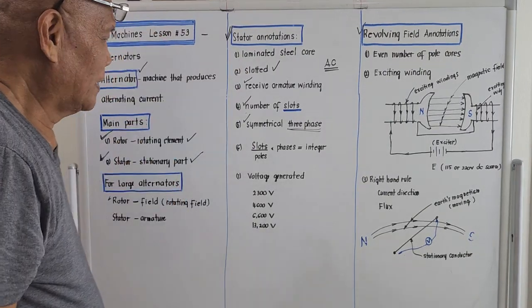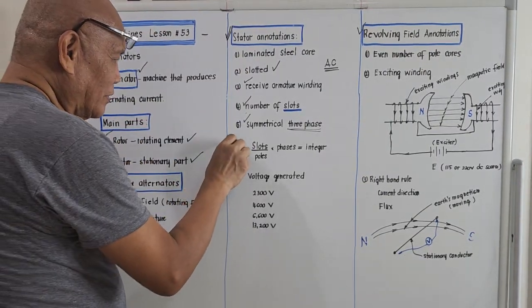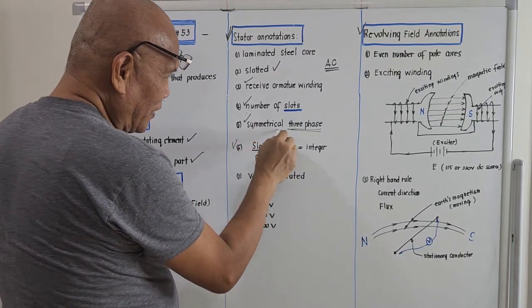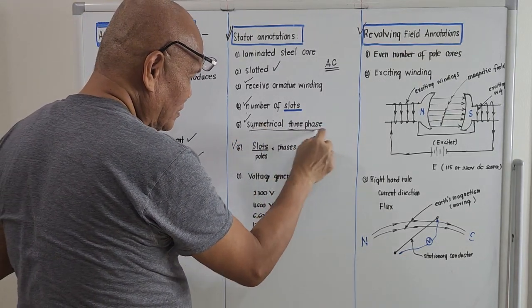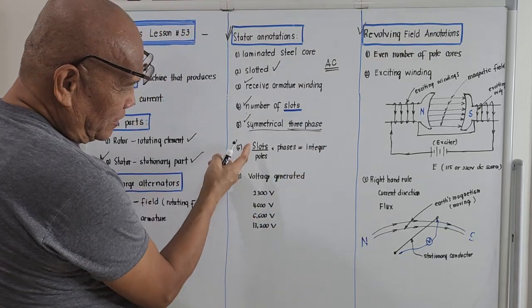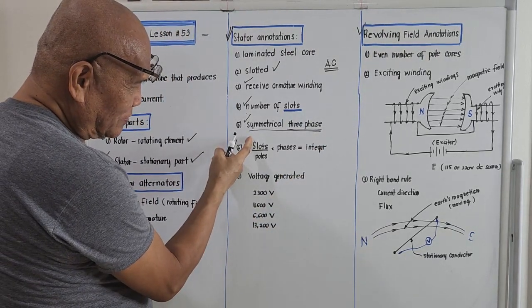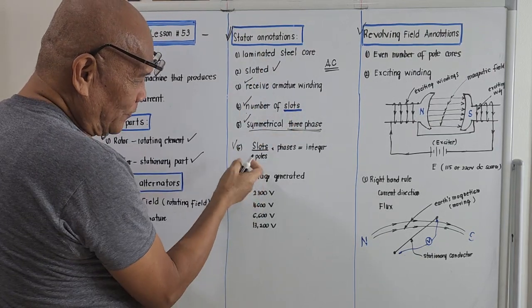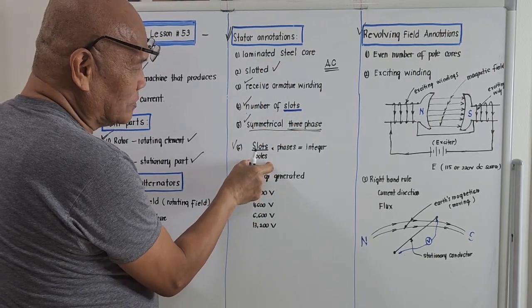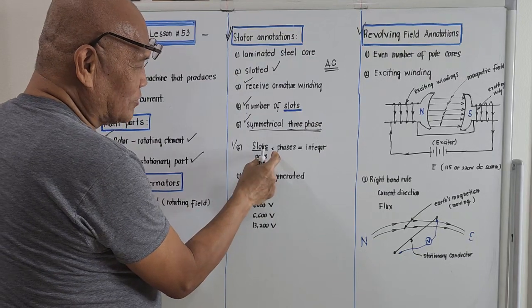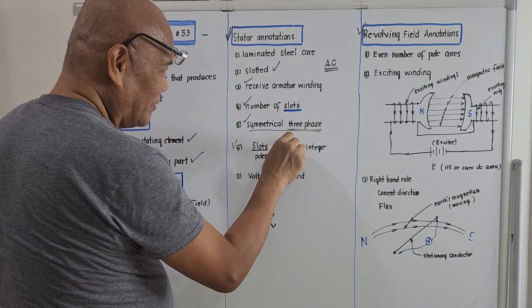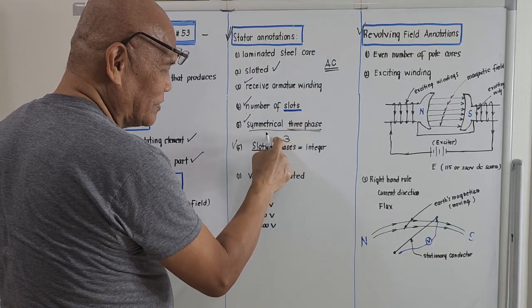And for number 6 annotations, for us to obtain a symmetrical three-phase output voltage, the total number of slots constructed on the stator divided by the number of poles, times the phases we would like, should be 3, because we would like it to be three-phase.